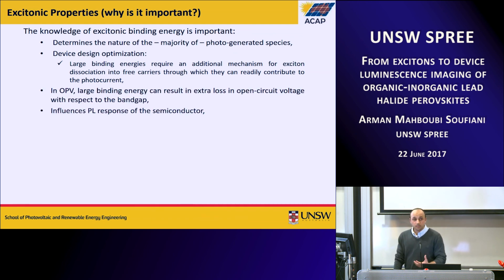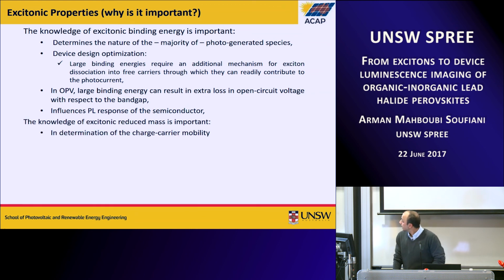Also, it can affect your PL response. And also, the knowledge of the excitonic reduced mass is important in the determination of the charge carrier mobility, which is inversely proportional to the reduced mass. Okay.